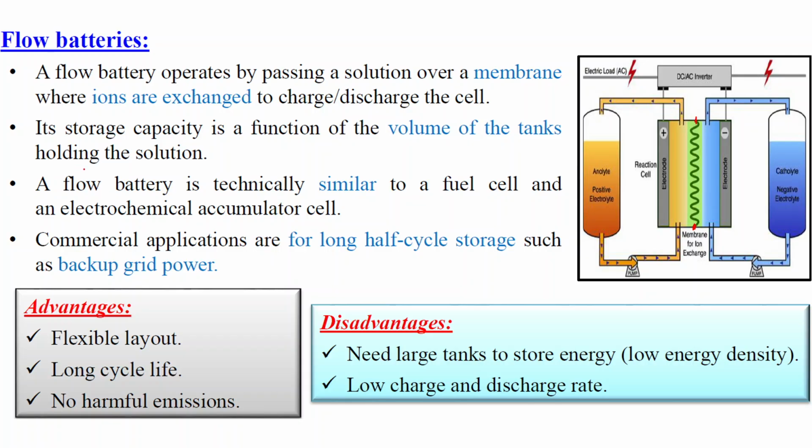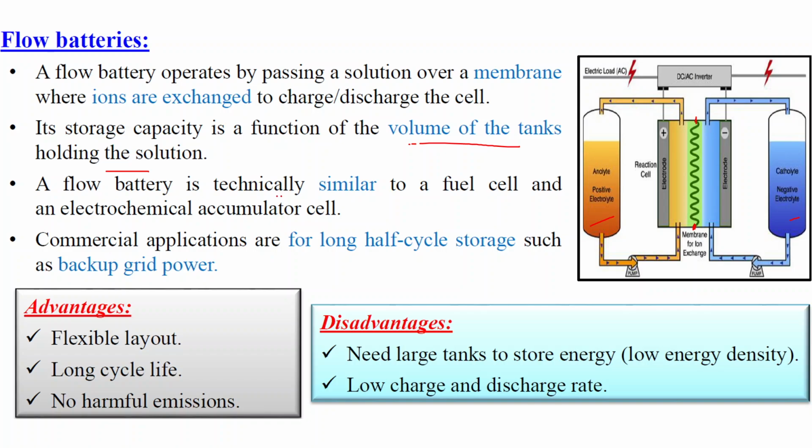Is storage capacity a function of the volume of the tank holding the solution? Basically, the volume of the electrolyte, which is the catholyte and anolyte, determines the storage capacity.